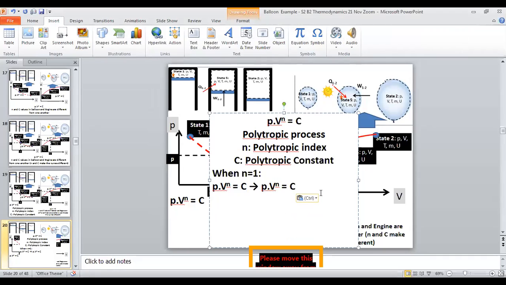PV equals constant. I think in grade 10 you have learned this, maybe even for physics.